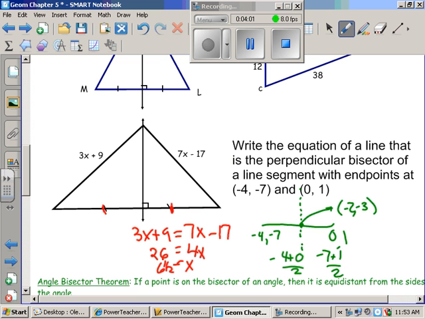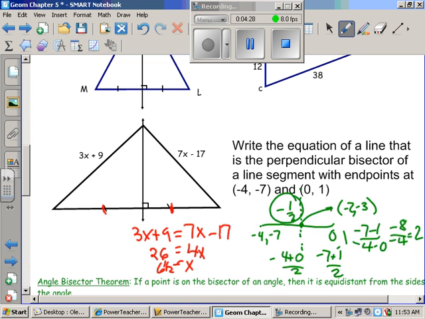And if it's perpendicular, then all I have to do is find the slope of this green line and use the opposite reciprocal. The slope is y2 minus y1, -7 minus 1, over -4 minus 0. That's -8 over -4, or 2. So a perpendicular line would have slope -1/2.